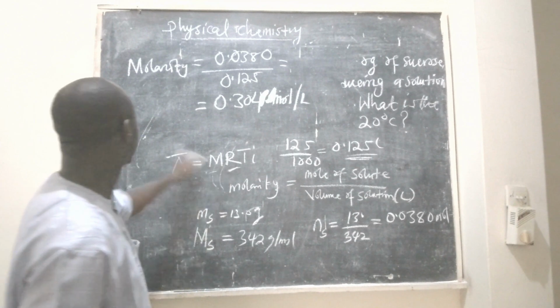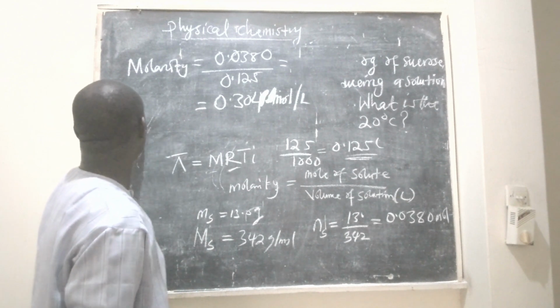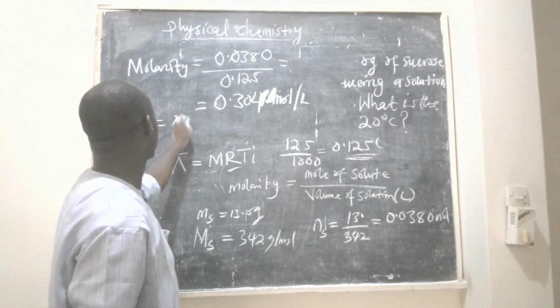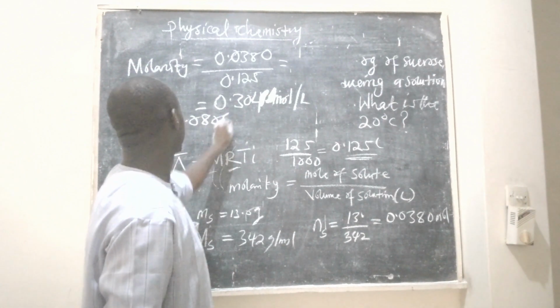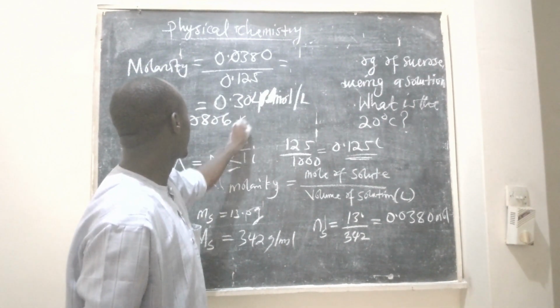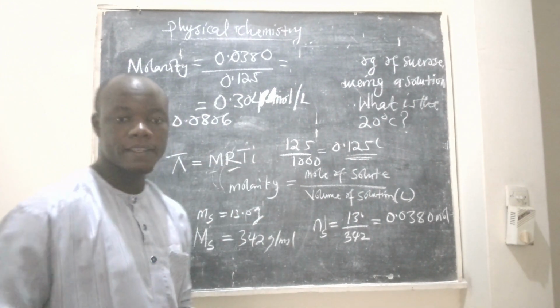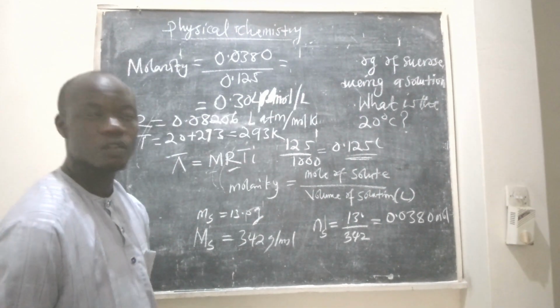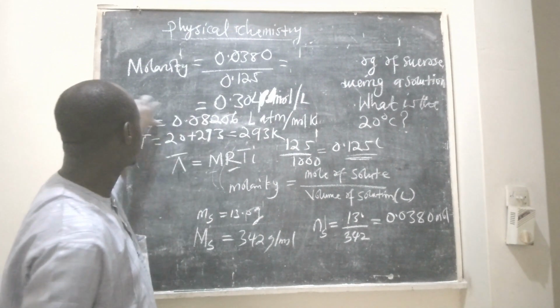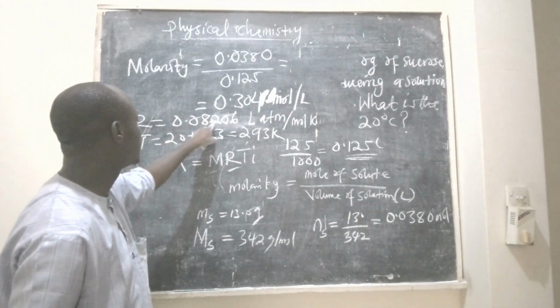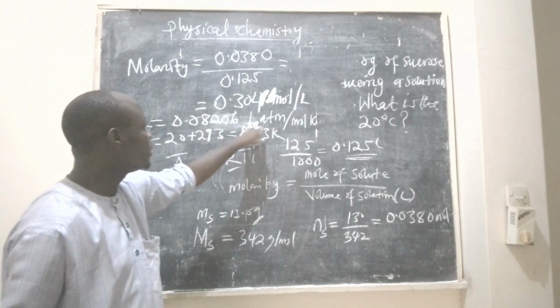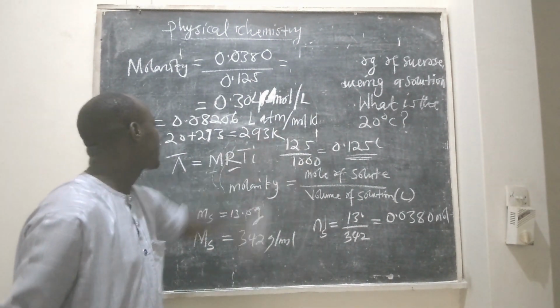And then the next thing is our R value. Our R is a constant, which is 0.0820 liter atm per mole per Kelvin.